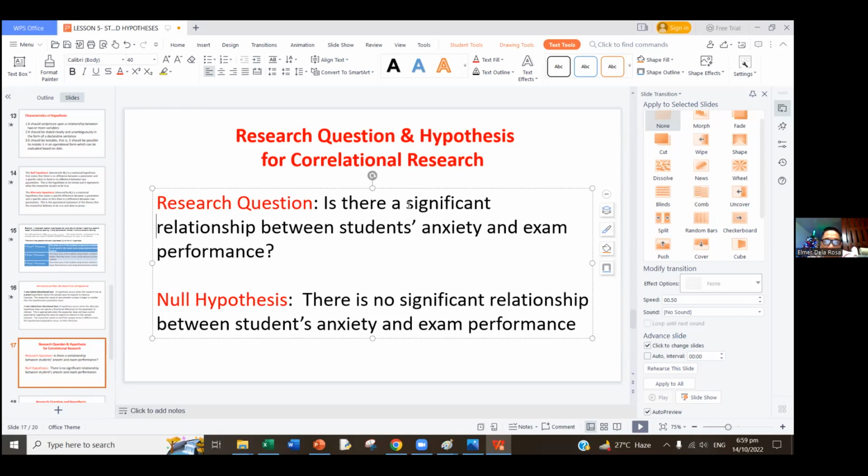Then ang null mo, there is no. Ano naman yung alternate hypothesis? Diba babalik na rin lang natin, alternate lang eh. So ano yung alternate? Pero hindi mo alam kung anong direksyon. Hindi mo alam kung positive or negative.